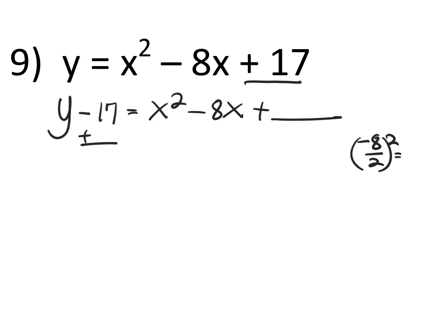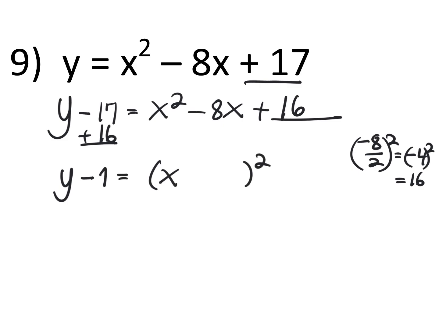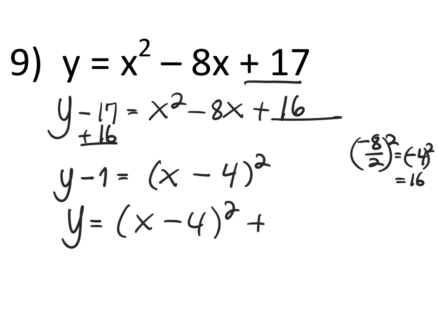That's going to give you negative 4 squared, and negative 4 squared is going to give you 16. So this is going to be plus 16, and this is going to be plus 16. Therefore, simplifying the left side, it's going to give you y minus 1 is equal to this one. I'm going to factor this out now: x minus 4. Finally, transposing negative 1 on the other side, that's going to give you x minus 4 squared plus 1. So this is your answer.